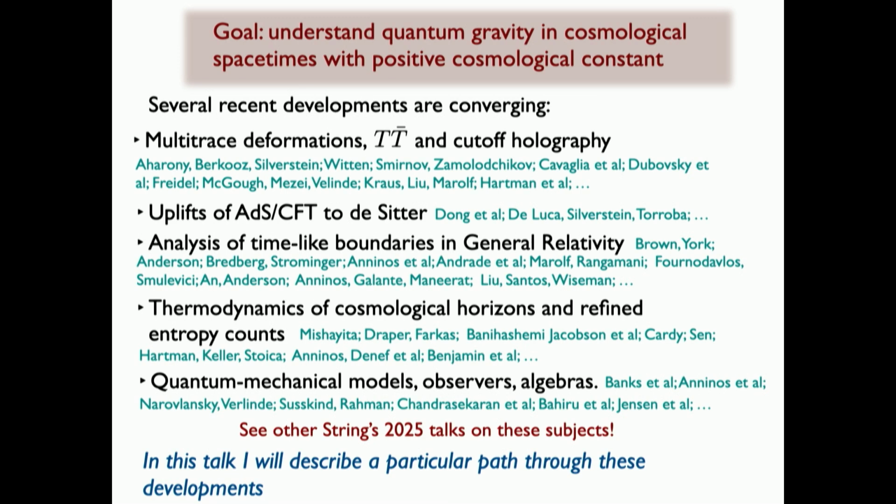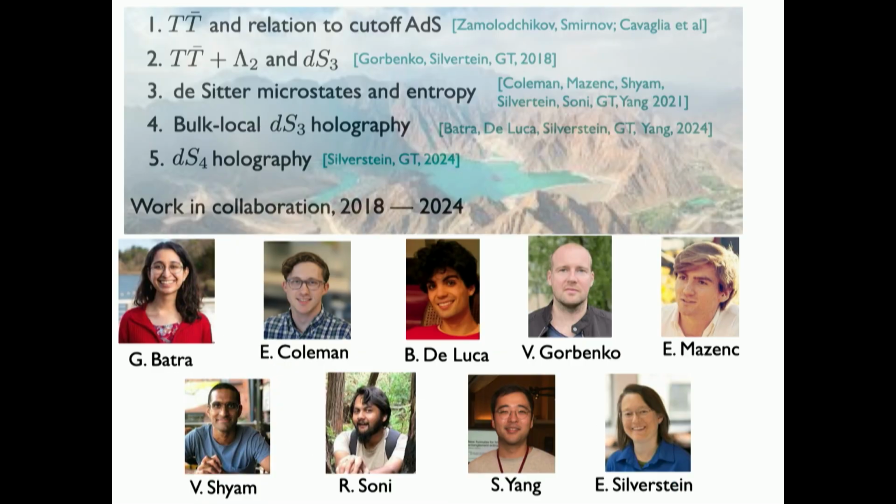Okay? Now, in my talk, I'll follow a particular path through these developments, which is a path related to what we have been working on over the last few years. So first, I'm going to briefly review TTbar and its relation to AdS. Then I'll introduce the first key generalization, which is the so-called TTbar plus Lambda2, and explain how it relates to dS3.